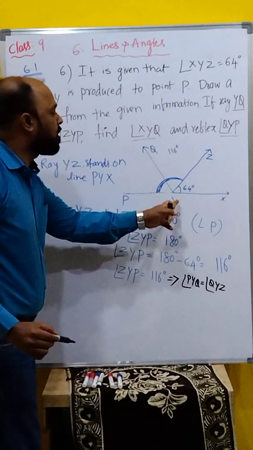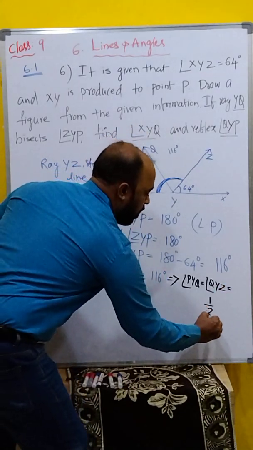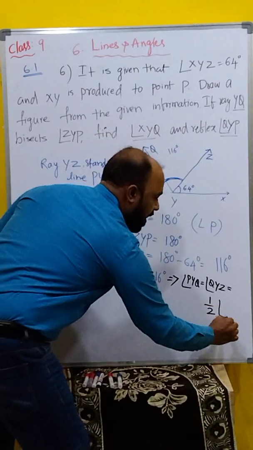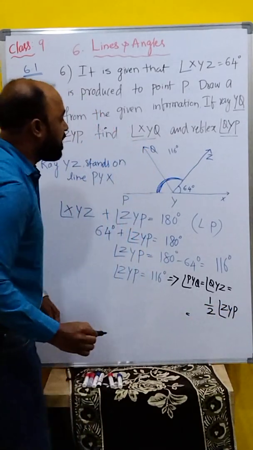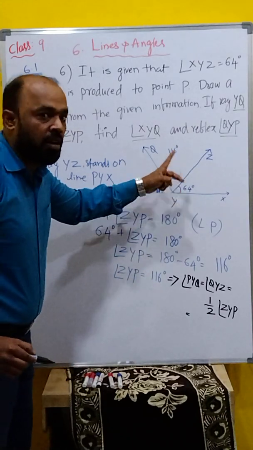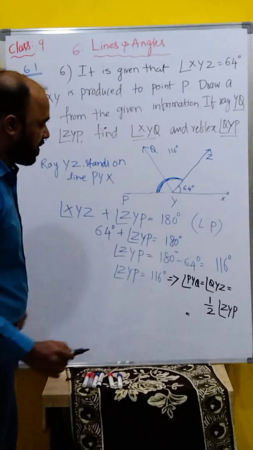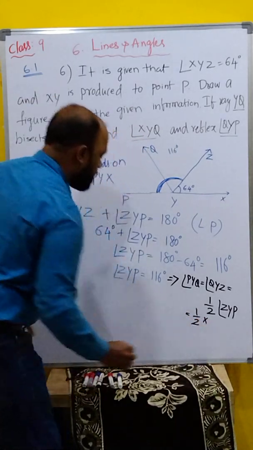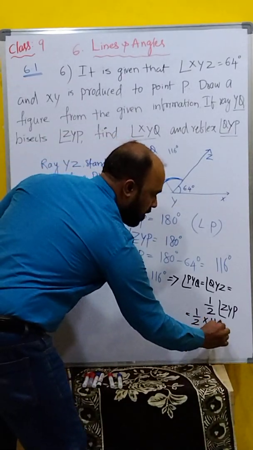We know, because YQ is bisecting, each is equal to half of angle ZYP. Clear, children? These two angles are equal. What is the reason? Bisecting. Now, half into ZYP, which we just got as 116.